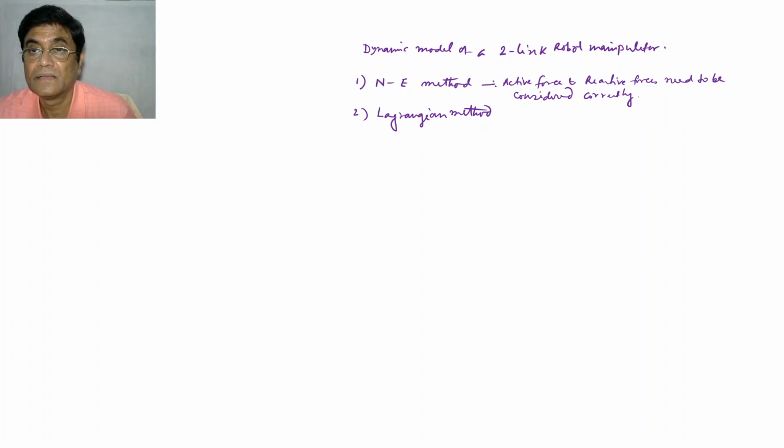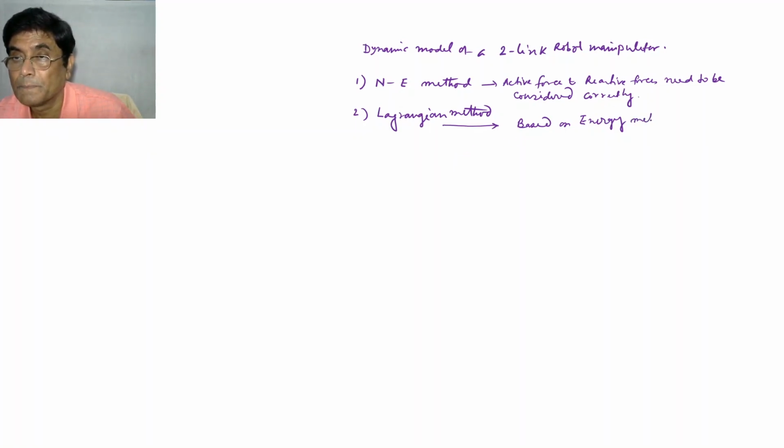On the other hand, the Lagrangian method is based on the energy of the system. By the way, they are very general methods. They can be used not only for the dynamic model of a robot, but any multi-body system dynamics can be studied using these two tools, so they are very powerful. Computationally the Lagrangian method is more complex than Newton-Euler.